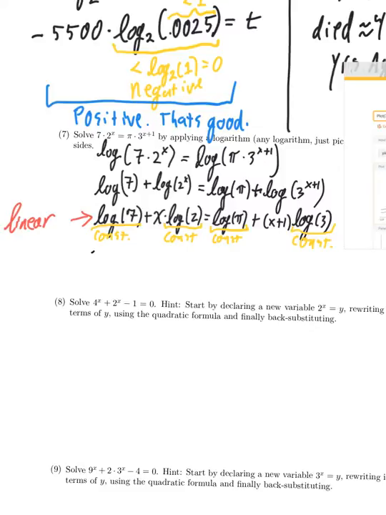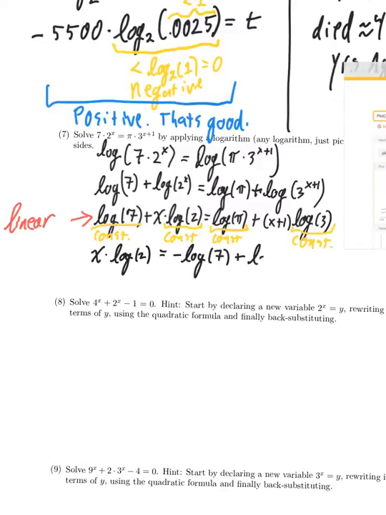So that'll give me x times the log of 2 on the left-hand side. I'll remember that I need to put that log of 7 back in. So I've subtracted the log of 7 to the other side.